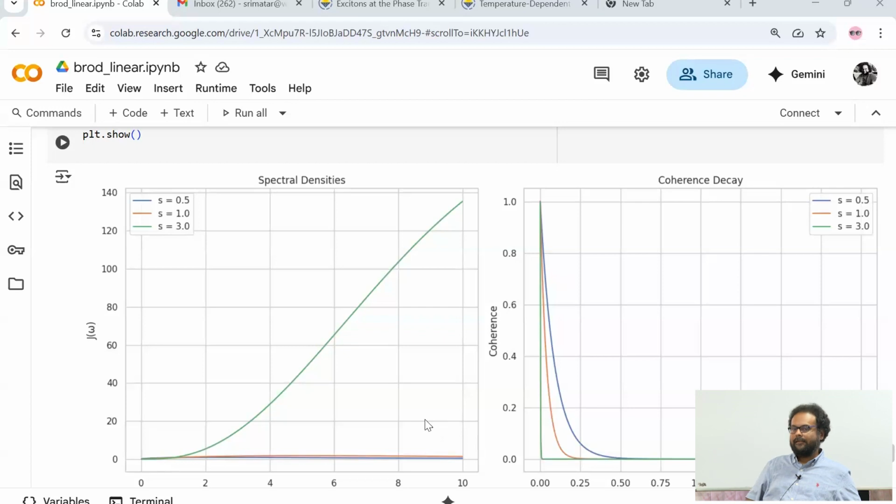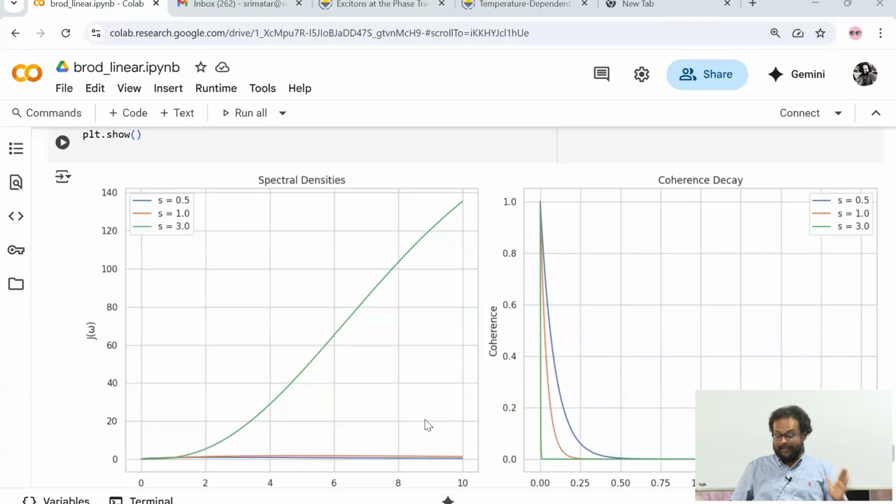Anyway, the simple thing is, if I have super-ohmic behavior, your spectral density increases nonlinearly at higher frequencies. And so what you'll have is your probability for very random and very fast fluctuations increases very rapidly.